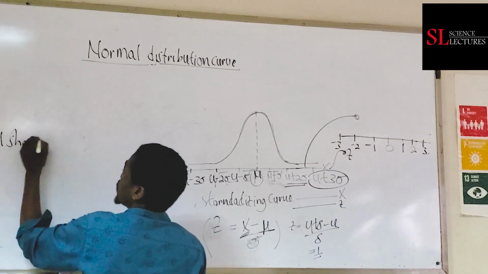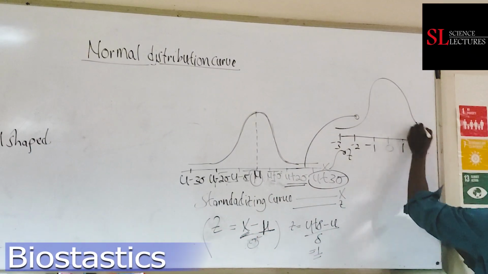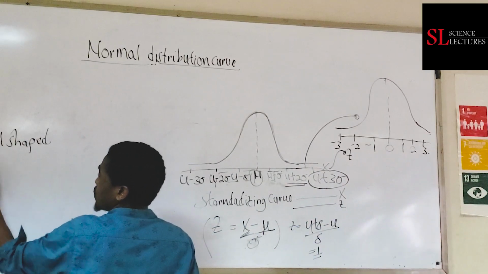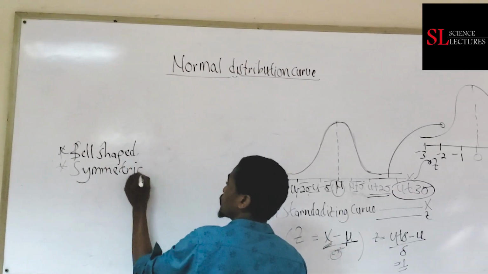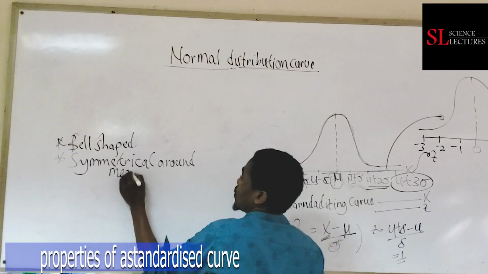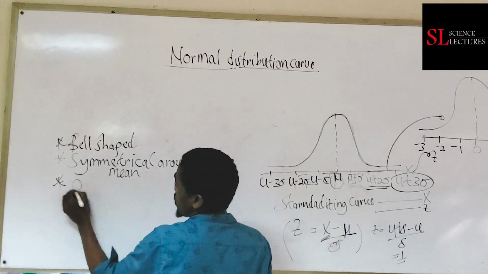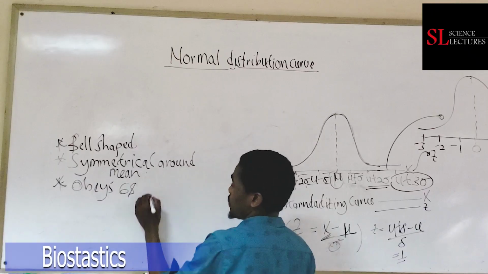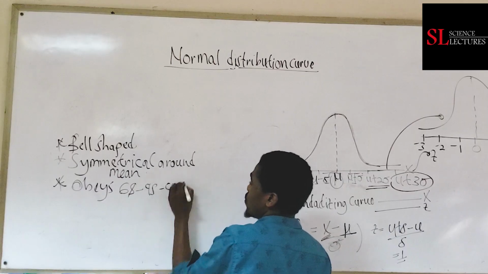The curve is bell-shaped, and it will still remain symmetrical around the mean. Then the curve will still obey the 68, 95, 99 rule.